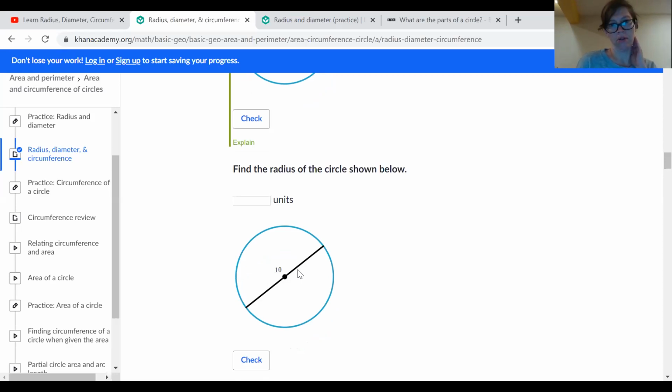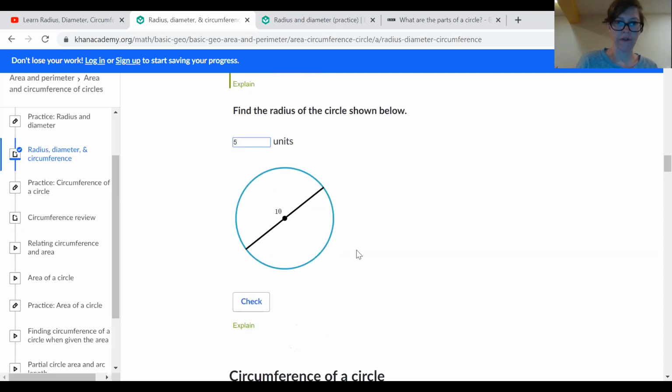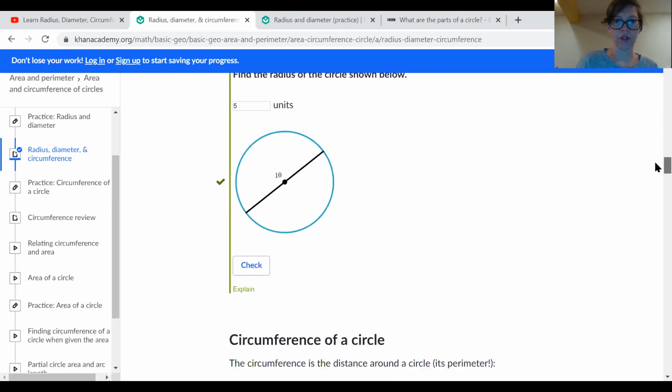Okay, so think 10 divided by 2. See if you can figure out what the answer would be. All right, I'm going to go with 5. And that is correct.